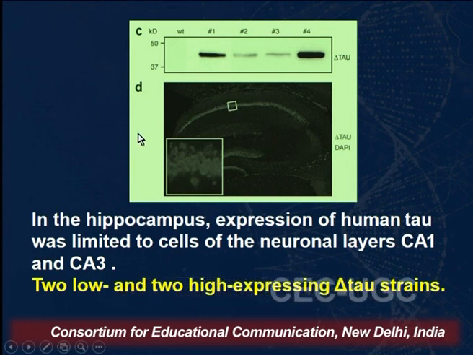The red shows the expression of the transgene, and the blue shows the nucleus, stained by DAPI. This is how the transgenics for delta tau are obtained, and here they have obtained two low and two high expressing delta tau lines.